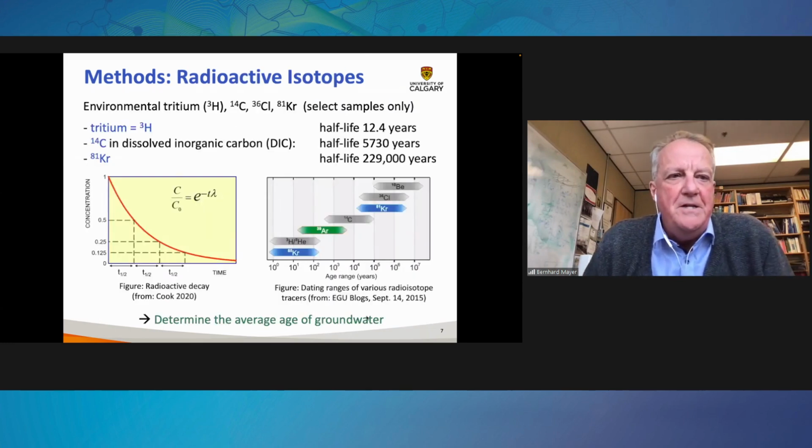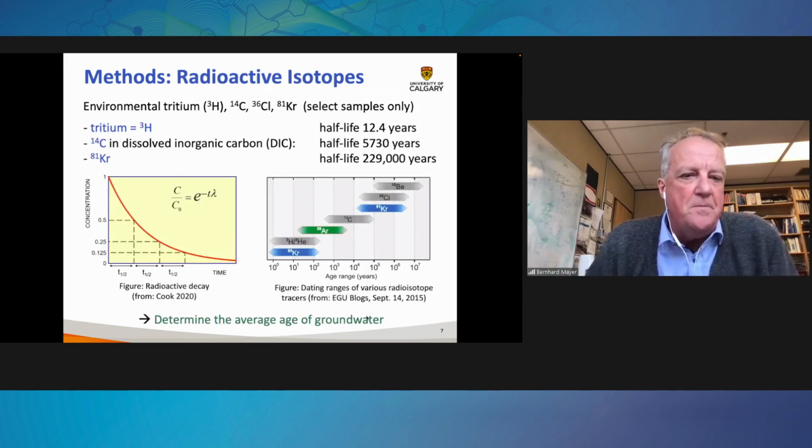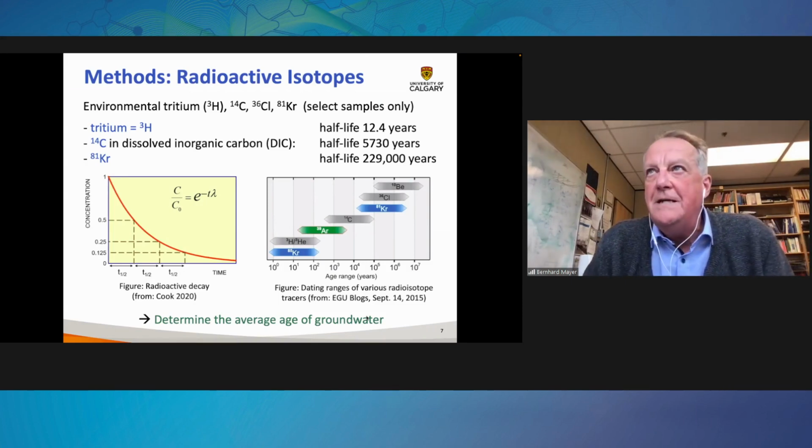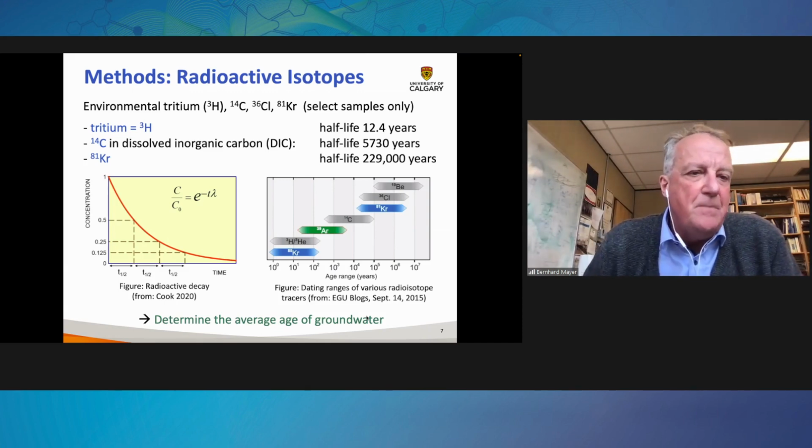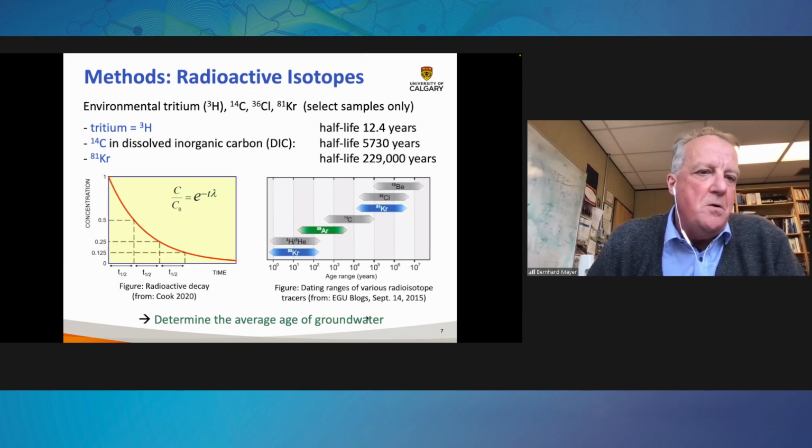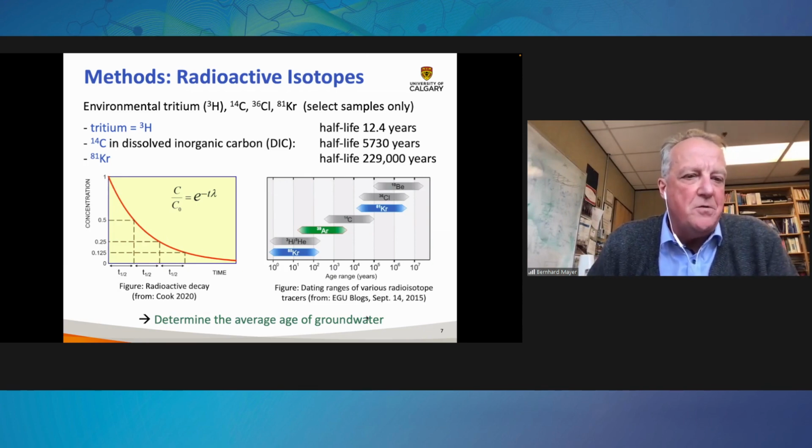The third tool we use is radioactive isotopes to determine the average age of groundwater. In order to do that, we use environmental radioactive isotopes such as tritium, carbon-14, chlorine-36, and krypton-81 on very few select samples. For all these radioisotopes, if we know the initial concentration and their half-lives, we simply need to measure their concentration in groundwater and then can determine the age of the groundwater.